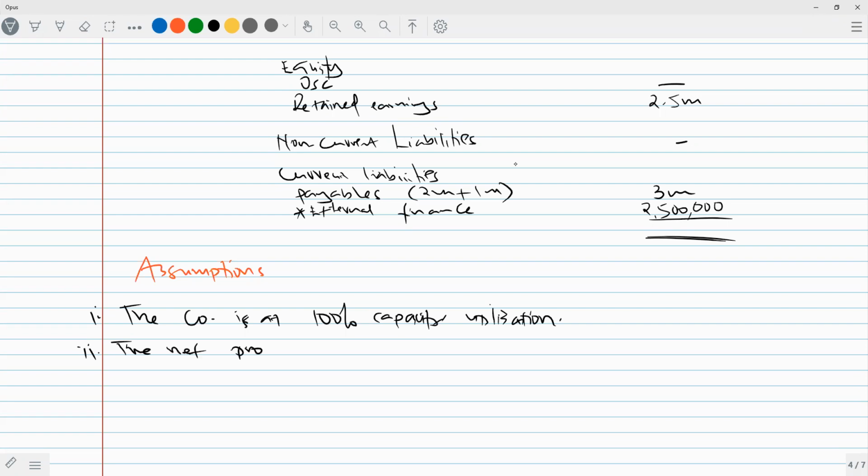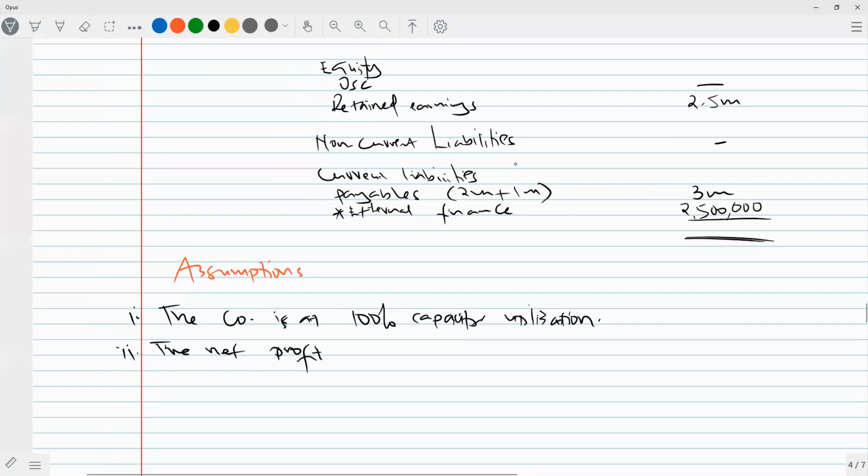The net profit margin of the firm shall be maintained.